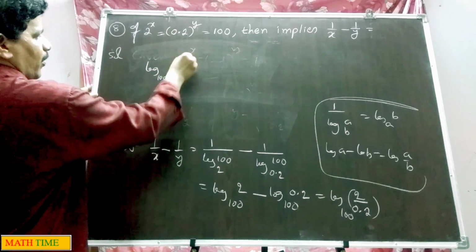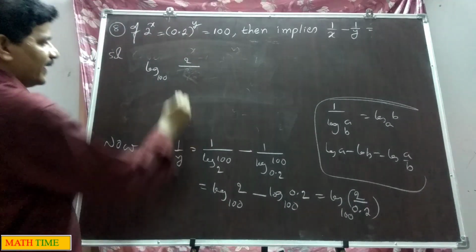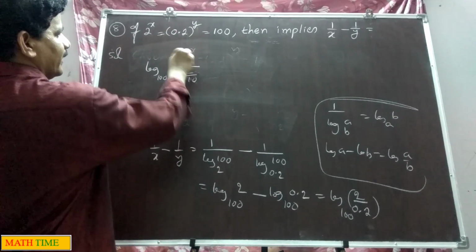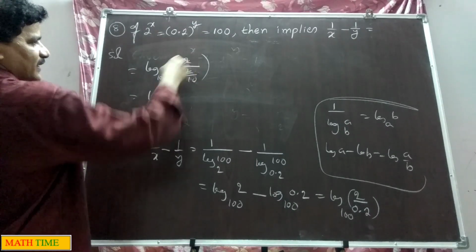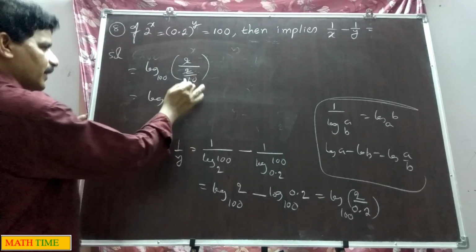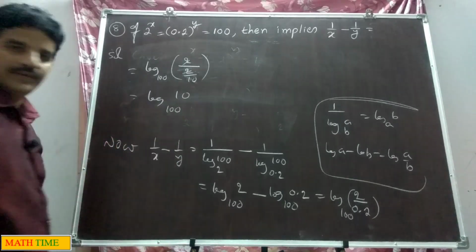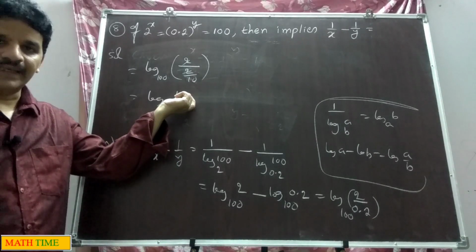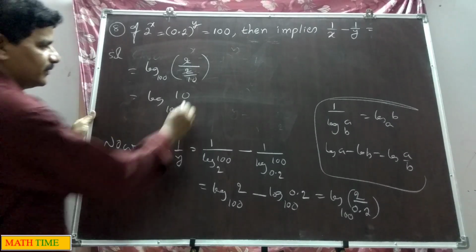2 by 0.2 can be written as 2 by 10... so log, this 2 gets cancelled, and 10 goes up, log 10 to the base 100. We have the number 10 but the base is 100. 100 can be written as what? 10 square.